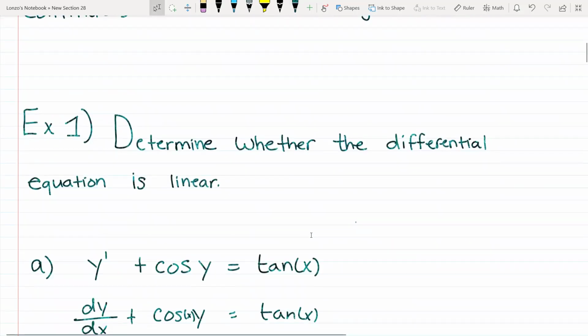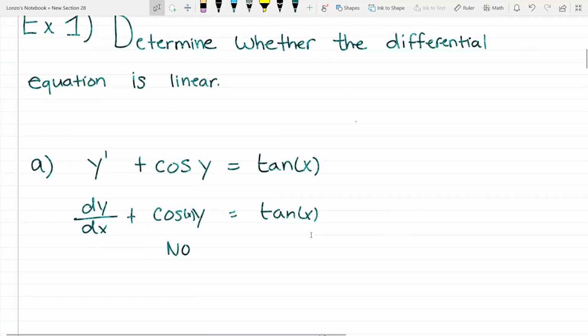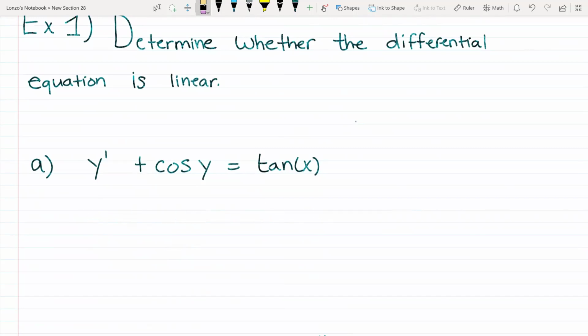So let's look at example one. Let's determine whether the differential equation is linear. We have y prime plus cosine of y equals tan of x. What I did was replace that y prime with dy dx, so y prime is dy dx, plus cosine of y.